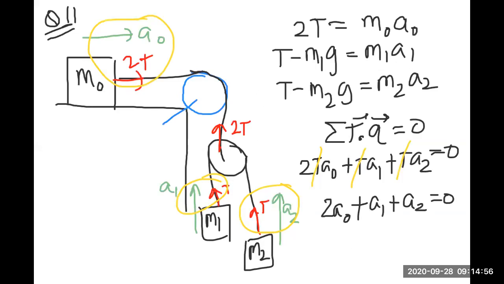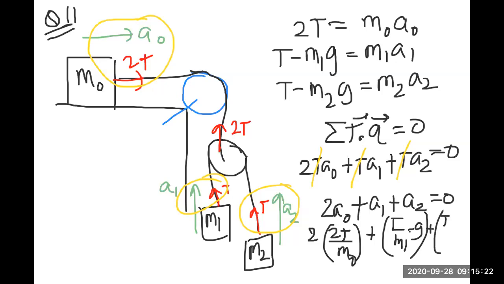फिर ए नॉट की वैल्यू इसमें क्या आएगा, ए नॉट की वैल्यू इसमें आएगा 2 into a naught, which is 2t by m naught, plus a1, which is t by m1 minus g, plus a2, which is t by m2 minus g, and this is all equal to 0.